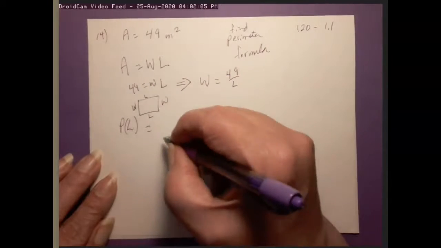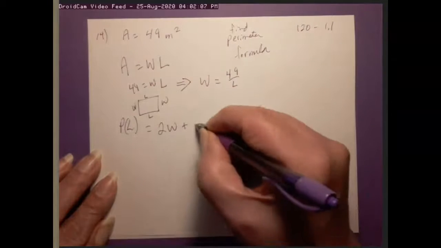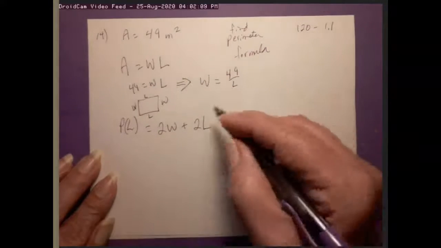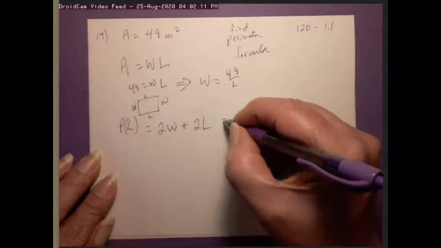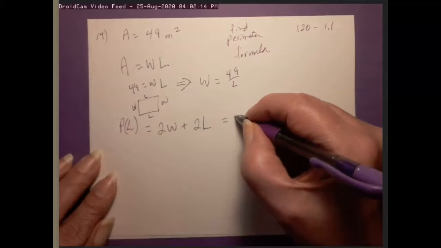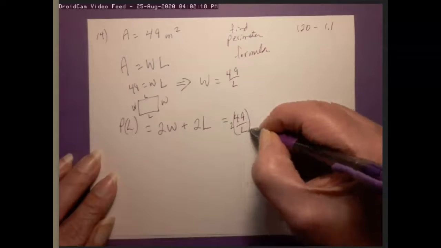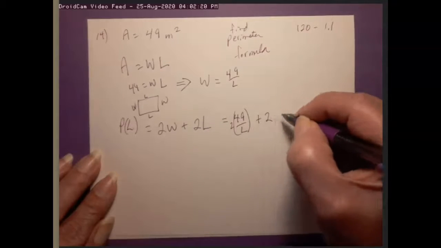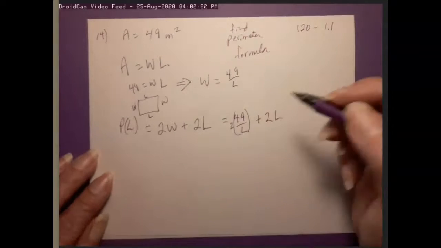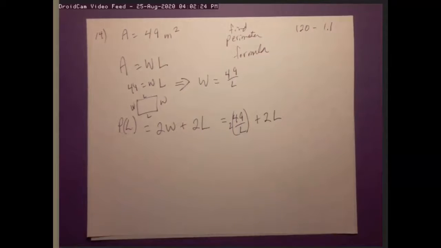So you're going to have 2W plus 2L. I want to get rid of the W, so this should end up being 49 over L times 2 plus 2 times L. And you'll simplify that to get your answer for WebAssign.